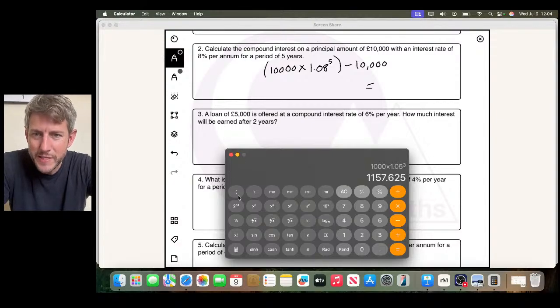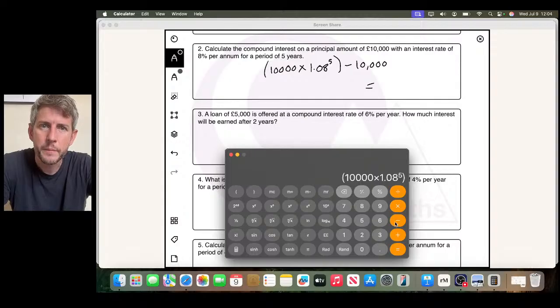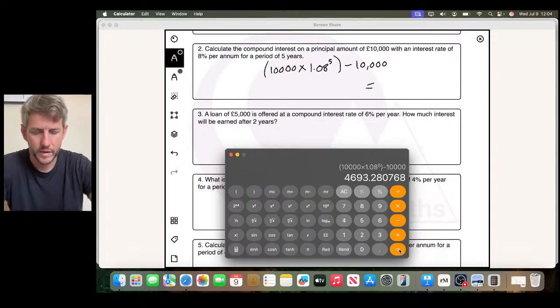So we've been using brackets now, so I'm going to use them here. We've got 10,000 times 1.08 to the power of 5. That's going to give us our total amount with the compound interest, and I'm going to take away the initial investment, so I'm going to take away the 10,000. Okay, so here we go.